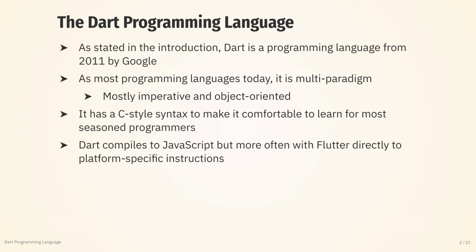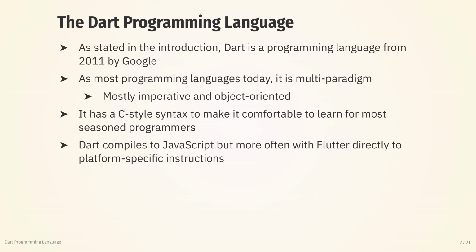As with most programming languages that we have today, it is multi-paradigm, so it has an imperative core, but it is also object-oriented. To make it easy to learn, because getting a new programming language out there and getting it accepted isn't easy, it has a C-style syntax that makes most programmers quite welcome.